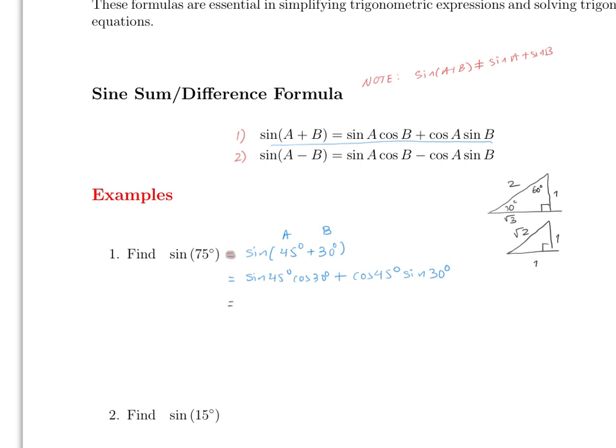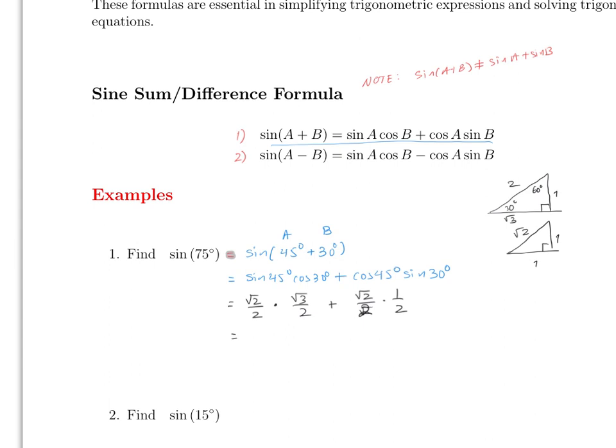Sine of 45, remember, is radical 2 over 2. Cosine of 30, if you memorize this already, it makes life easier, is radical 3 over 2. Then cosine of 45 is also radical 2 over 2, and sine of 30 is 1/2.